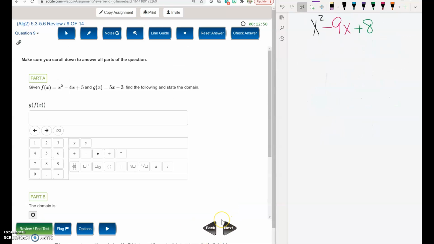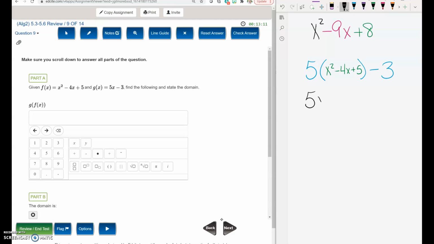The next one, they want you to find g of f of x. So our g function is 5 times something minus 3. Our f function is x squared minus 4x plus 5. You're putting the f function into the g function.